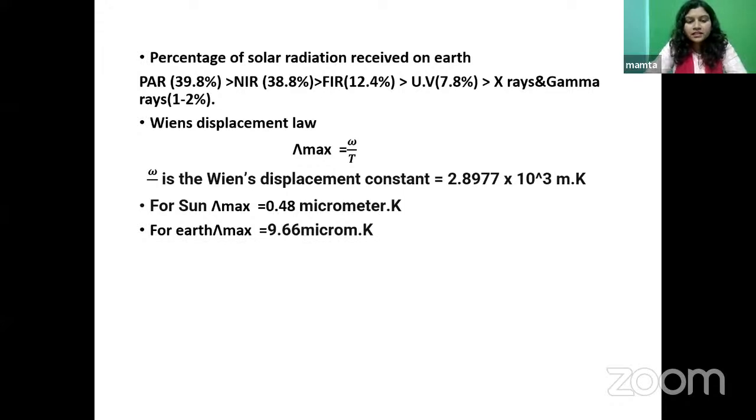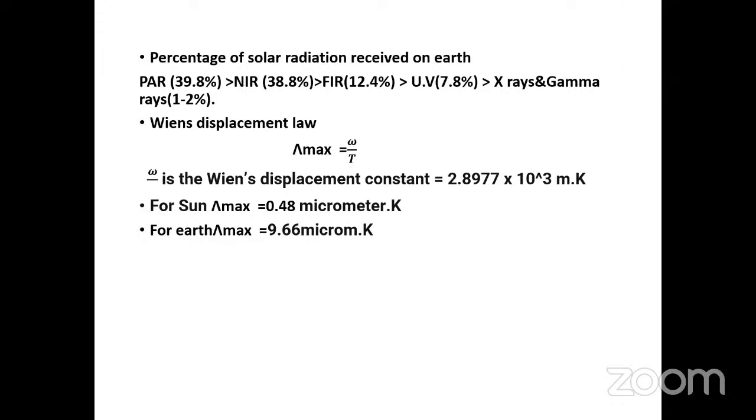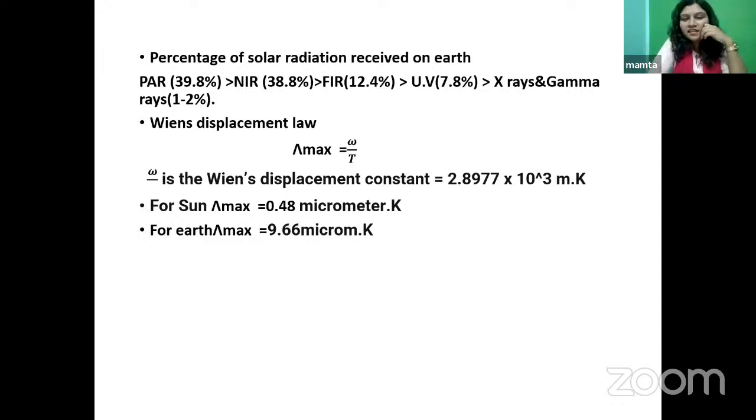And for the earth, what is the average temperature of the earth? Is it 15 degrees Celsius? Or in Kelvin, it will be, not 15 degrees Celsius, it is 300 Kelvin.